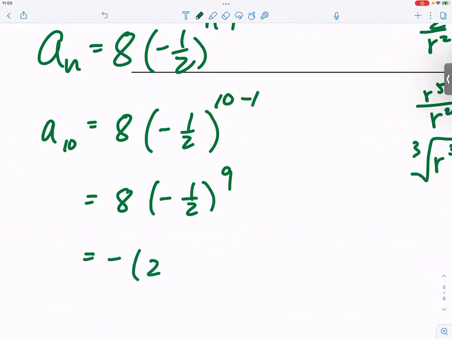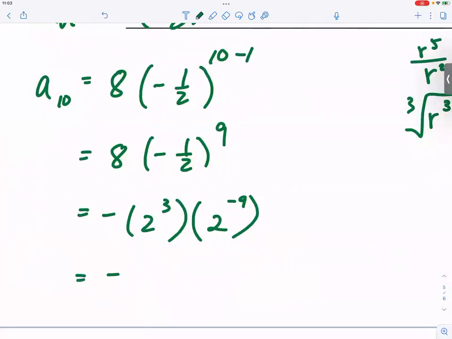What's 8? 2 cubed. What's 1/2 to the 9th power? 2 to the negative 9 power. So you have negative 2 to the negative 6 power.